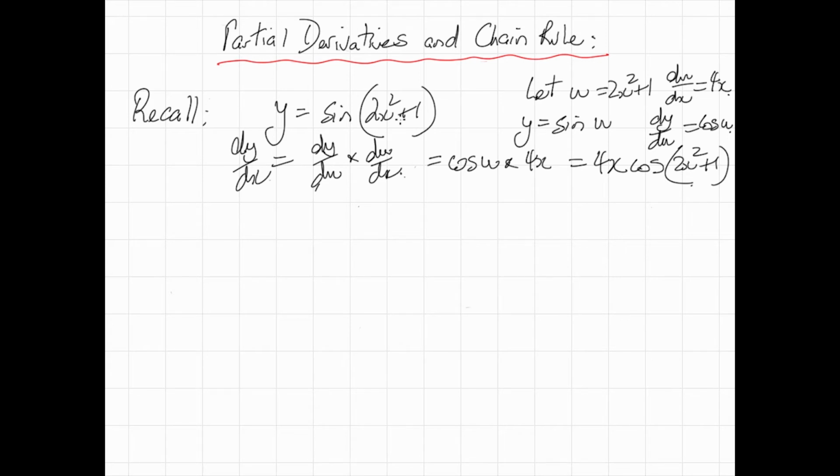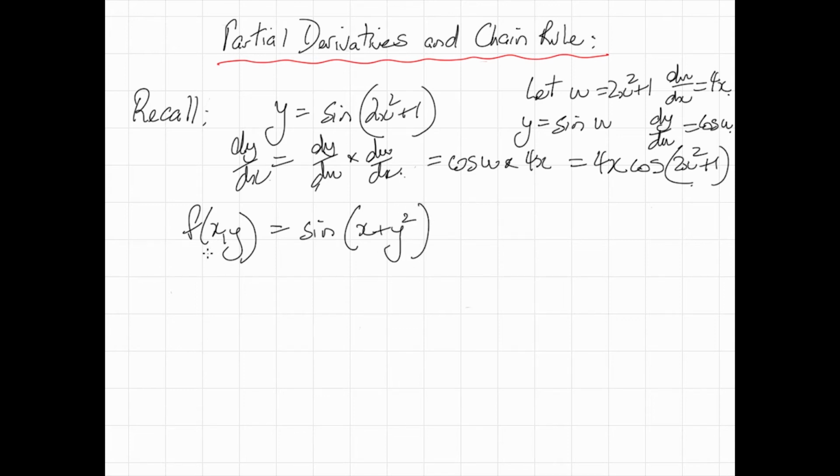variable. So let's look at now how to do partial derivatives using the chain rule. So if we've got f of x, y equals sine of x plus y squared.